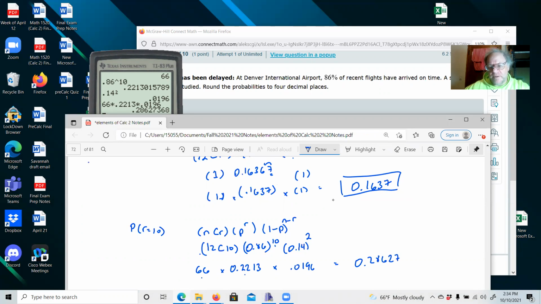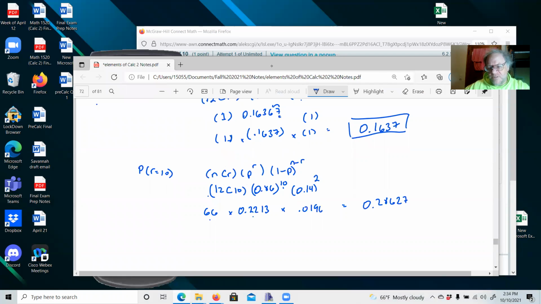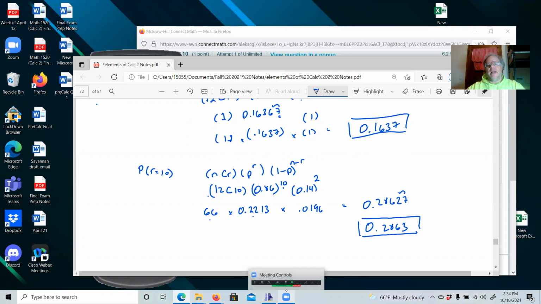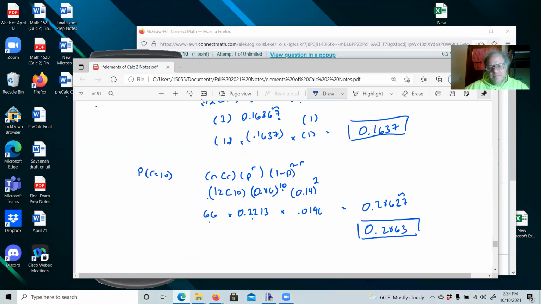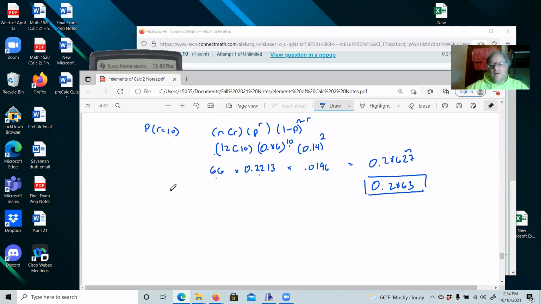We rounded to 4 decimal places, so our answer is actually going to be 0.2863. All right, and there we have it. Now, again, I've already typed that in. All right, 0.2863.